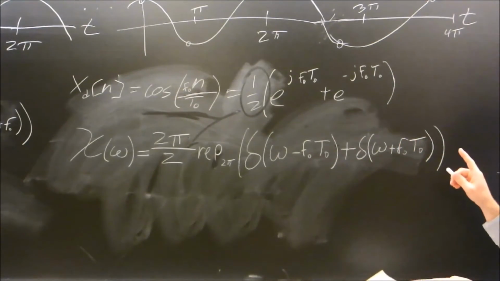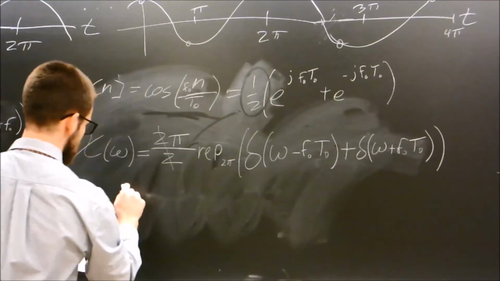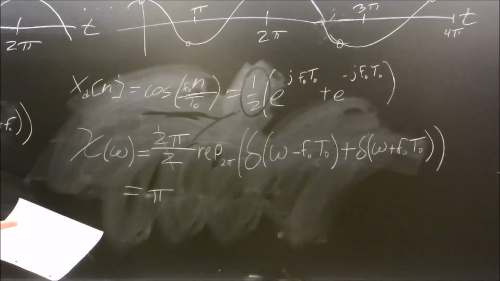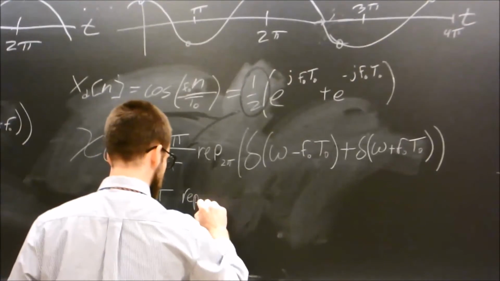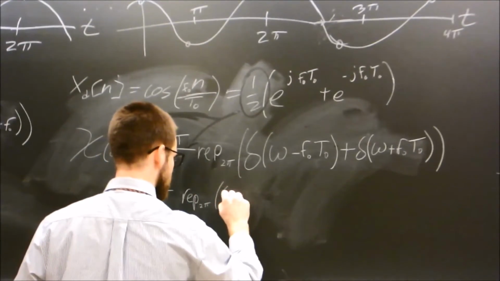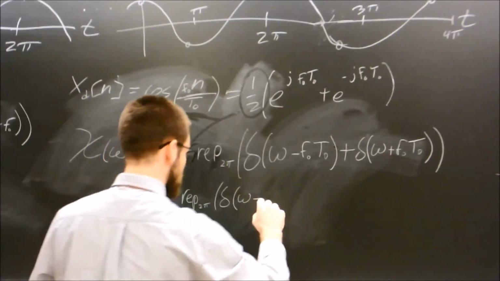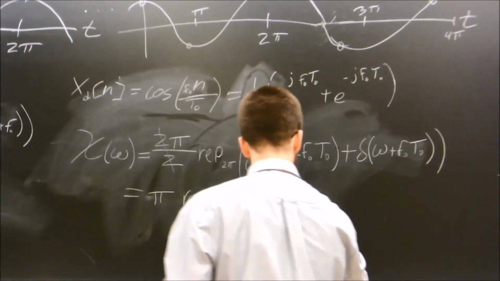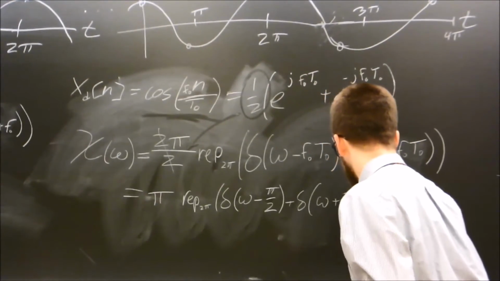And so this works out, the 2's cancel, and this comes out to, in our first case here, pi times rep every 2 pi of delta of omega minus pi over 2 plus delta of omega plus pi over 2.